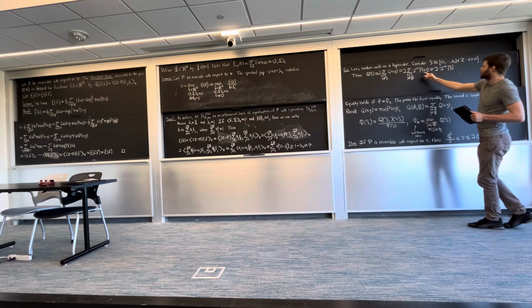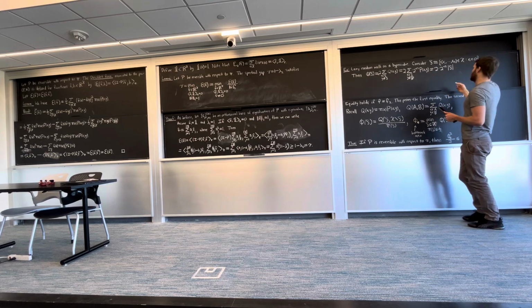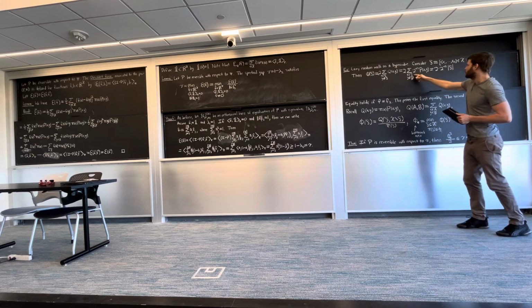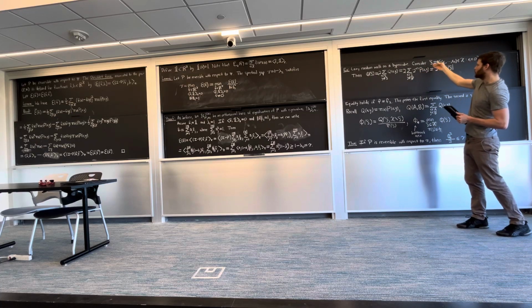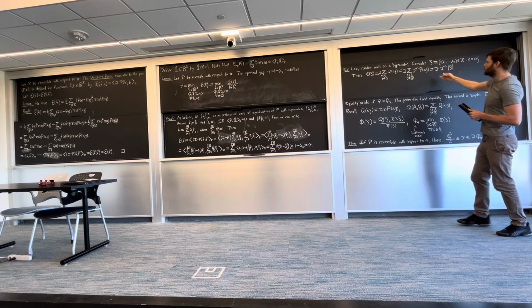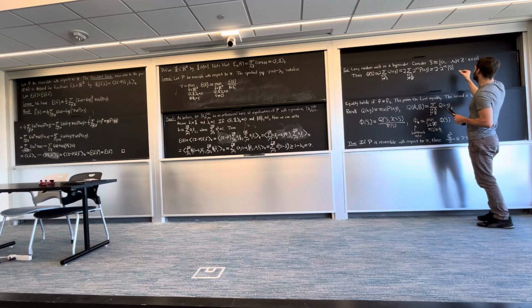There's one y that works for each x: the y that agrees with x past the first coordinate and disagrees in the first coordinate. For that one y, p of xy is 1 over 2n.